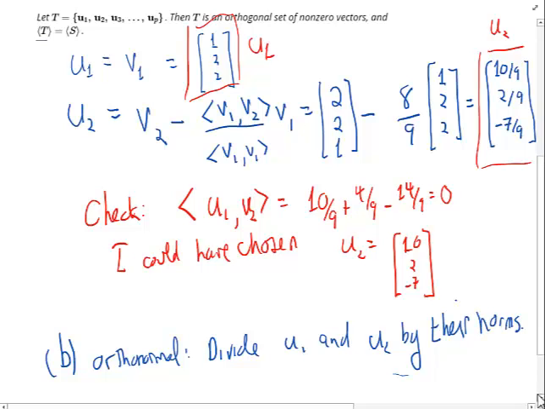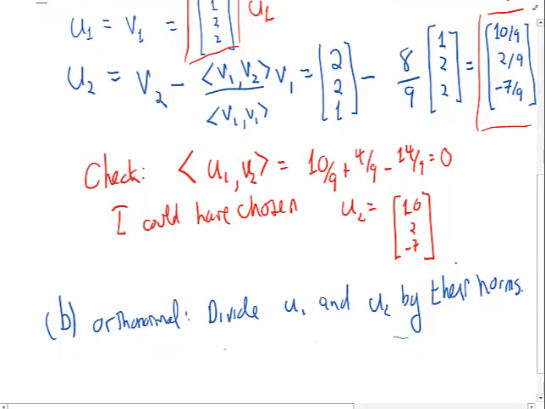So that gives me, let's call it W1. W1 will be the orthonormal version of u1. So that's going to be 1, 2, 2 divided by the norm, which is the square root of the inner product of u1 with itself.